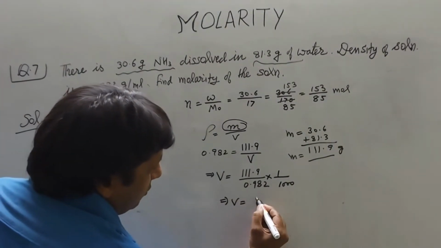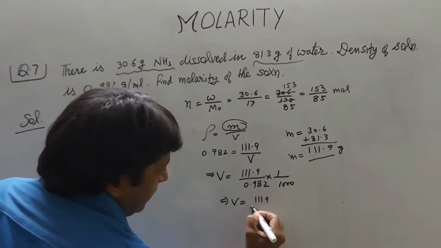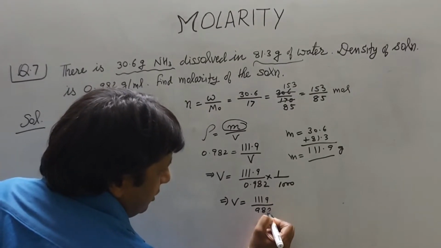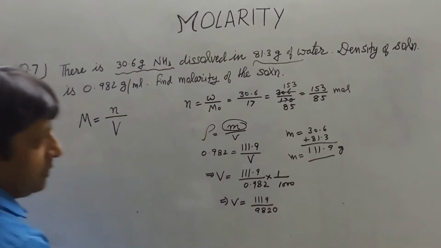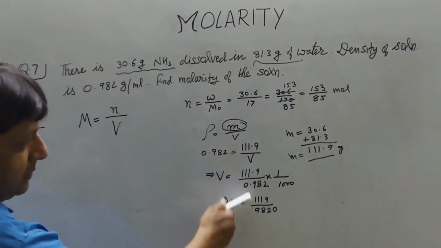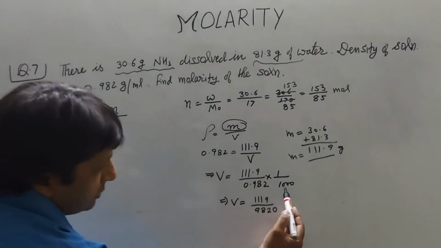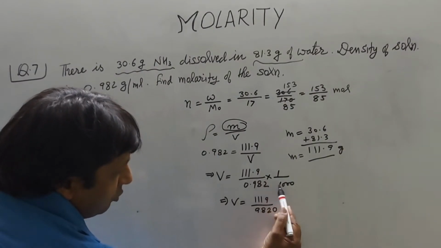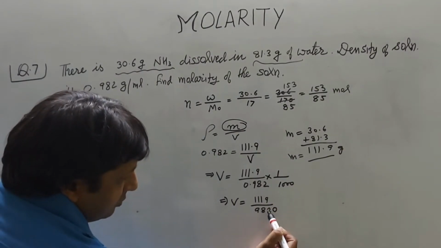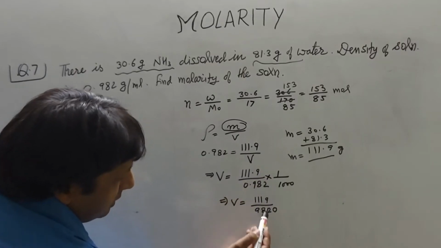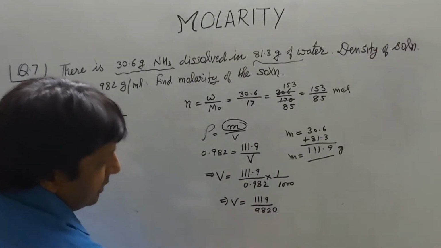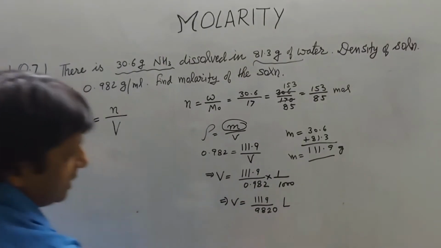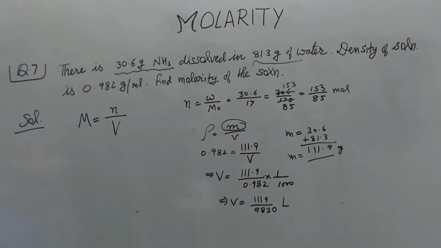That will be equal to 1119 divided by 9820. Actually we multiplied 0.982 by 1000, we get 982, and due to this decimal point we put 0 extra here. This much liter is the volume of the solution.